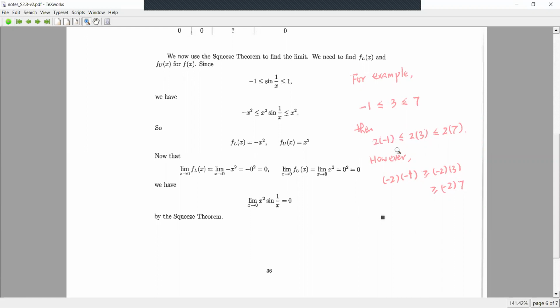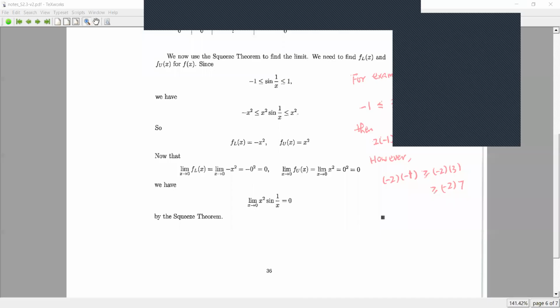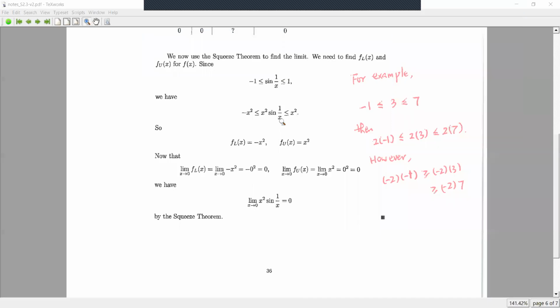However, if you multiply the three numbers by a negative number, say -2, then we need to change the inequality direction. Because of this sandwich, or because of these two inequalities, a lower function for the function f is negative x squared, and an upper function for the function f is x squared.